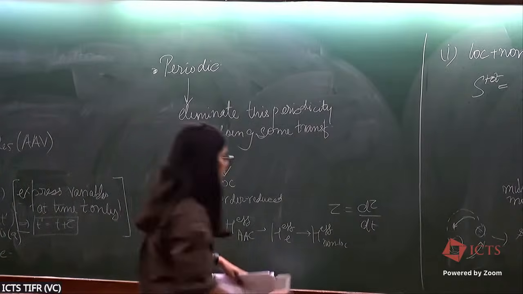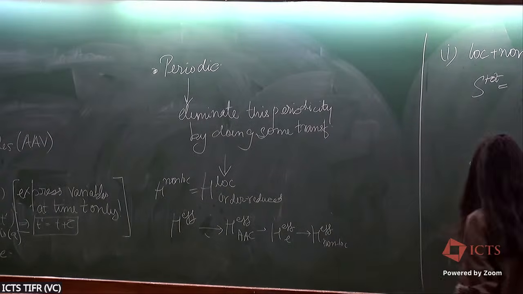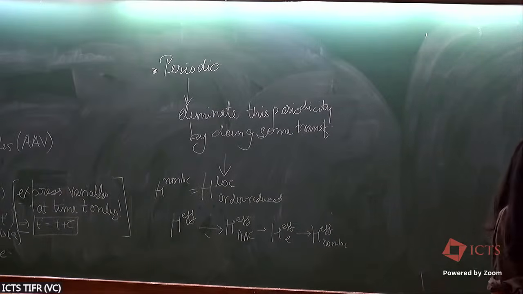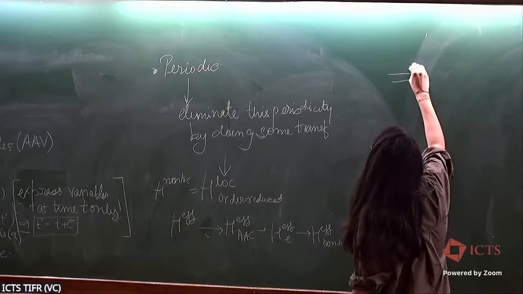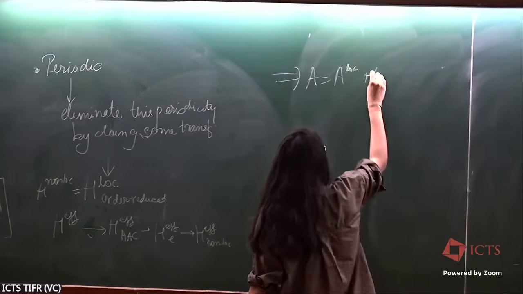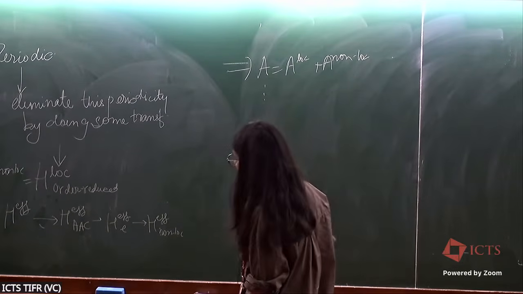When I do this reduction of H effective to H effective non-local, just like the real Hamiltonian, I split the effective Hamiltonian into the part coming purely from the local piece and the part coming from the non-local piece, which basically implies I'm splitting A as a local piece plus a non-local piece, similarly for the other metric potentials.